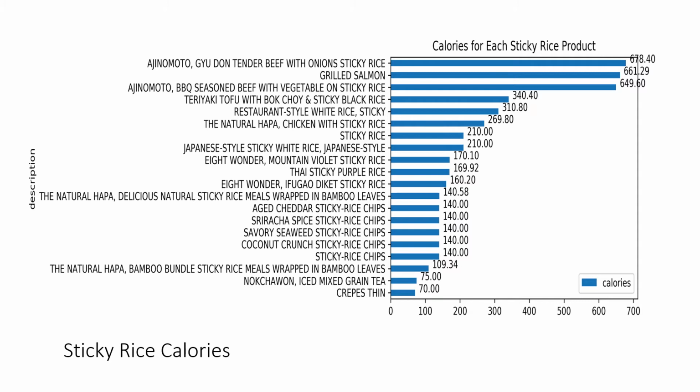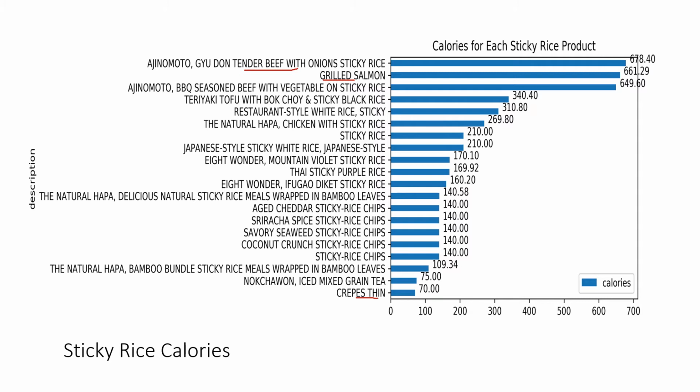So for this bar plot of the 19 sticky rice items that returned from the FoodData Central web search on sticky rice, we can see that the calories vary, and there are some very known anomalies such as tender beef with onions, and then of course grilled salmon. Then another one to mention is the crepes.